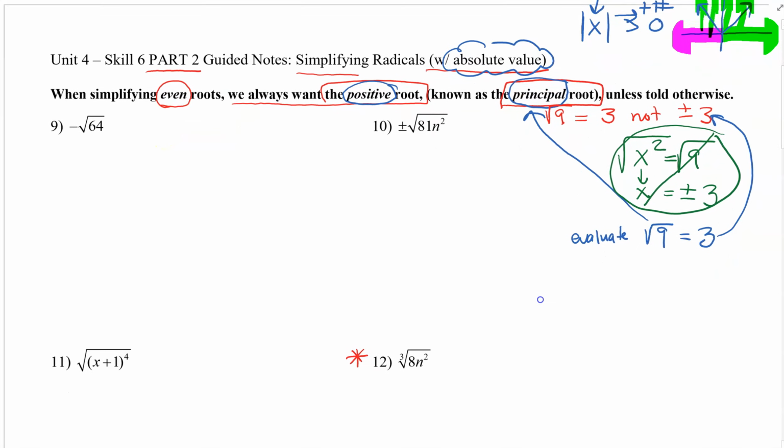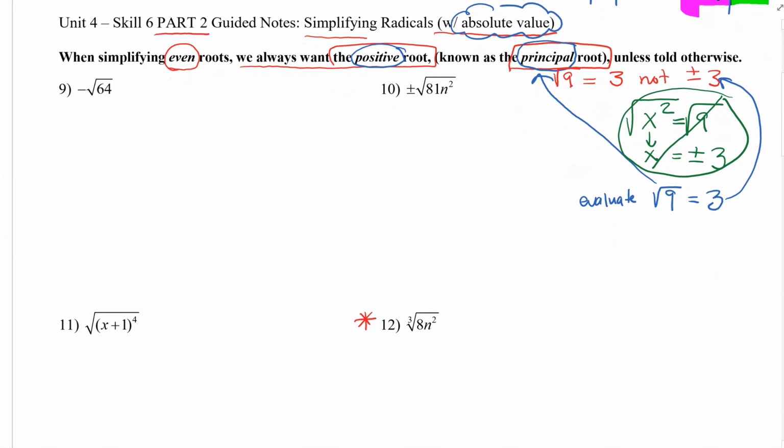Okay, but first, actually, the first 5 examples, I'm going to show you cases that actually don't require the absolute value. And one instance is number 9, because there's a negative sign in front. So what that means is it wants only the negative root. And it's similar to the example I gave over here.